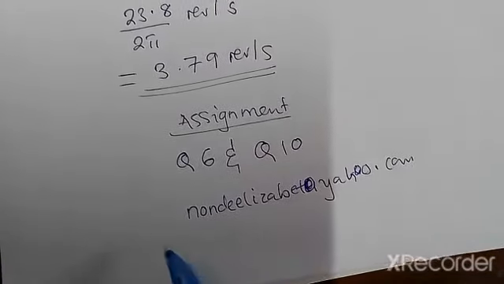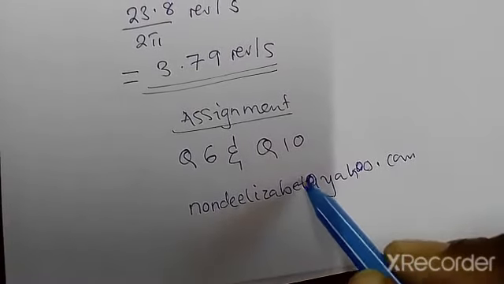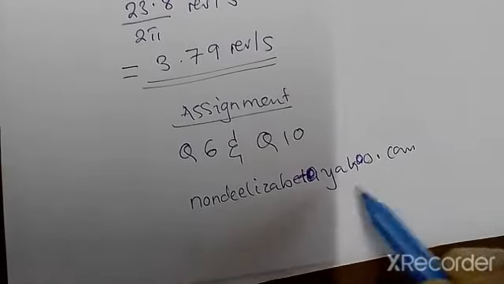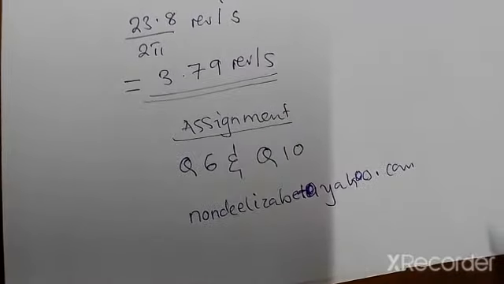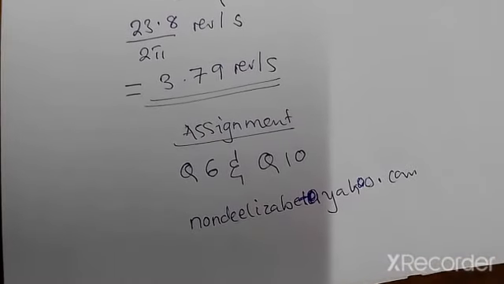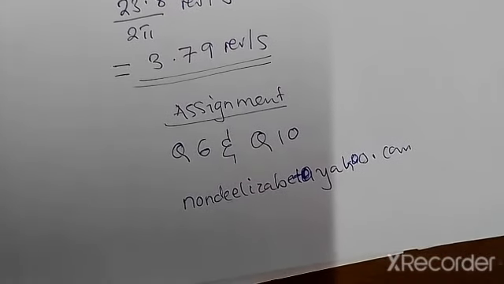Take note, this has got 2 E's, it has got no H, it's just Elizabeth. So Nonde Elizabeth at yahoo.com. Send the answers to the 2 questions in the tutorial sheet, and then I'll look at them, seeing what you're doing.